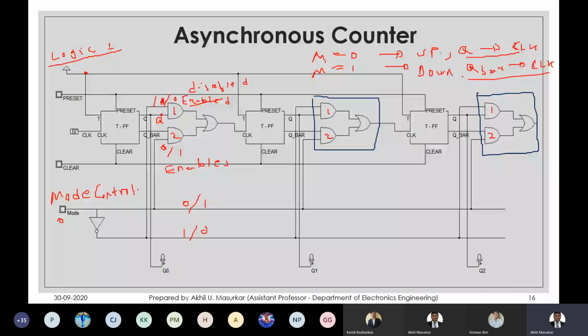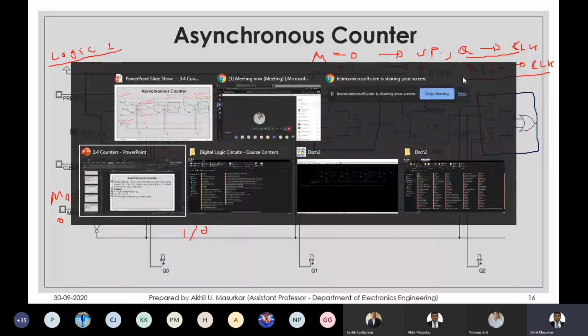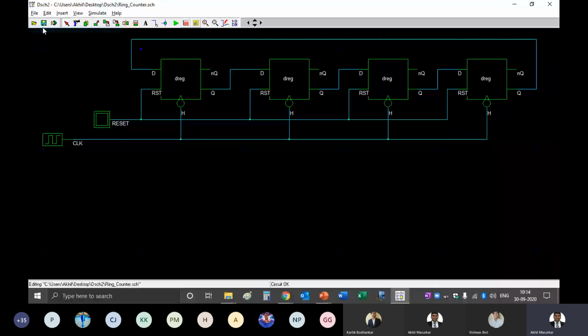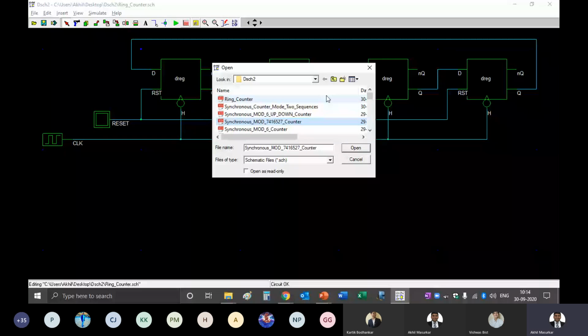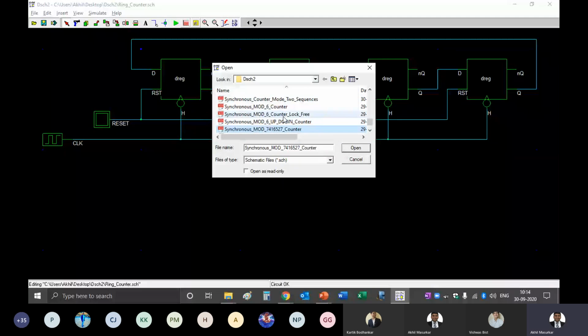To get more clarity on this, I will simulate this circuit for you, and then we will have a look at other things. So it's an asynchronous up-down counter.